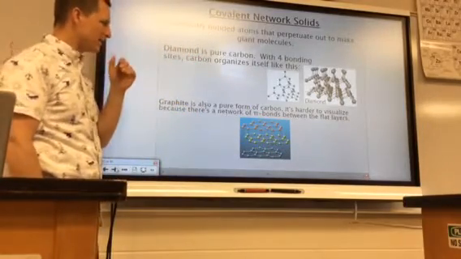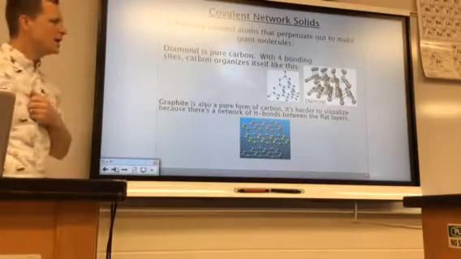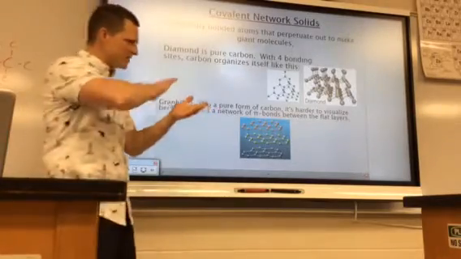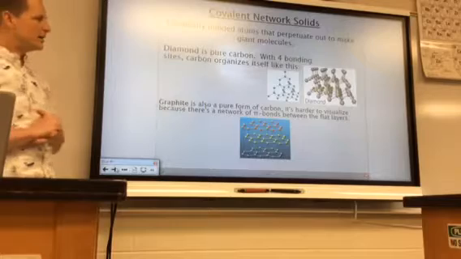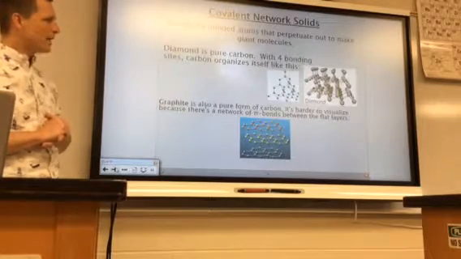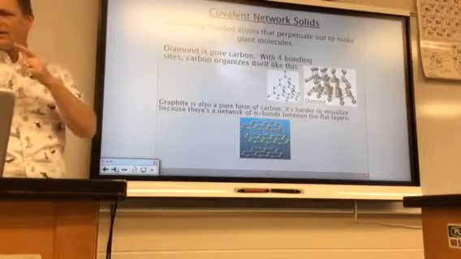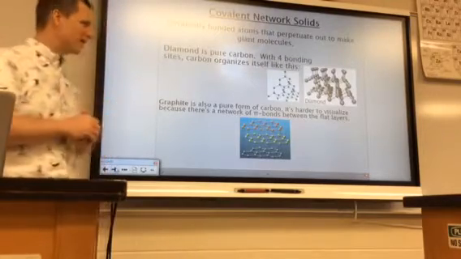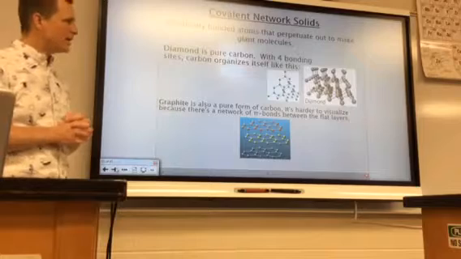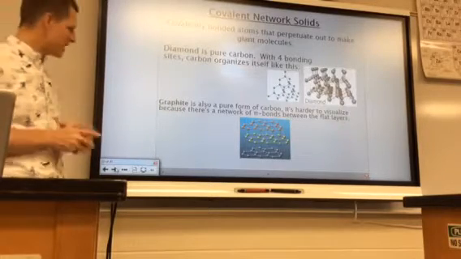And there's pi bonding involved in graphite too. That's why these layers kind of slip past one another. I think you can make a case either way that graphite is either a network solid or it's not, based on its structure, but often it's in the conversation with network solids.